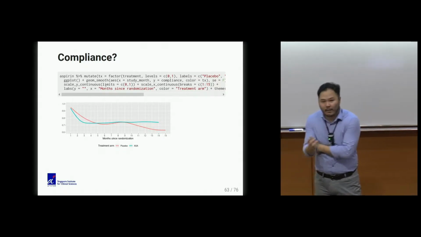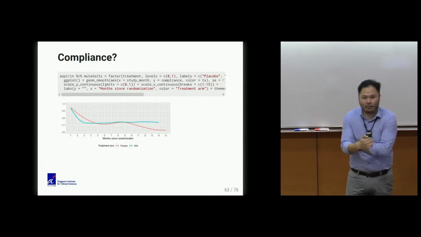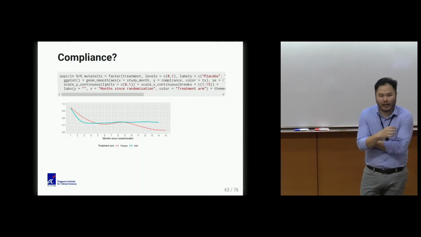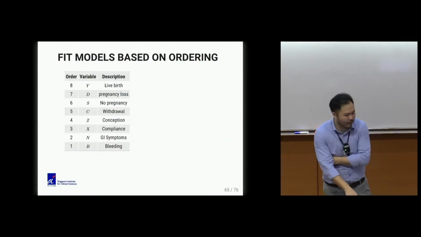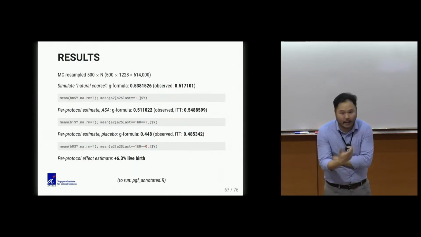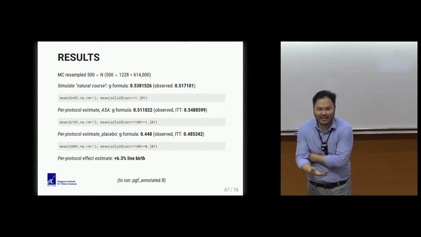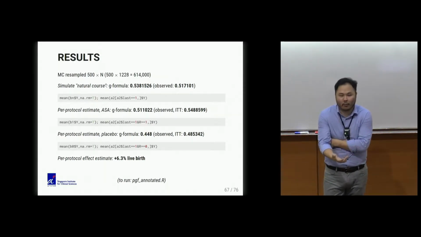And the regular ways of getting the per protocol effect are biased. So in that circumstance, you do need to use an alternative approach to try to get the best efficacy estimate if everyone had been compliant. But hopefully we don't know prior to running this analysis that it would be similar. We only know after having done this analysis and trying to recover an efficacy that there wasn't much difference.